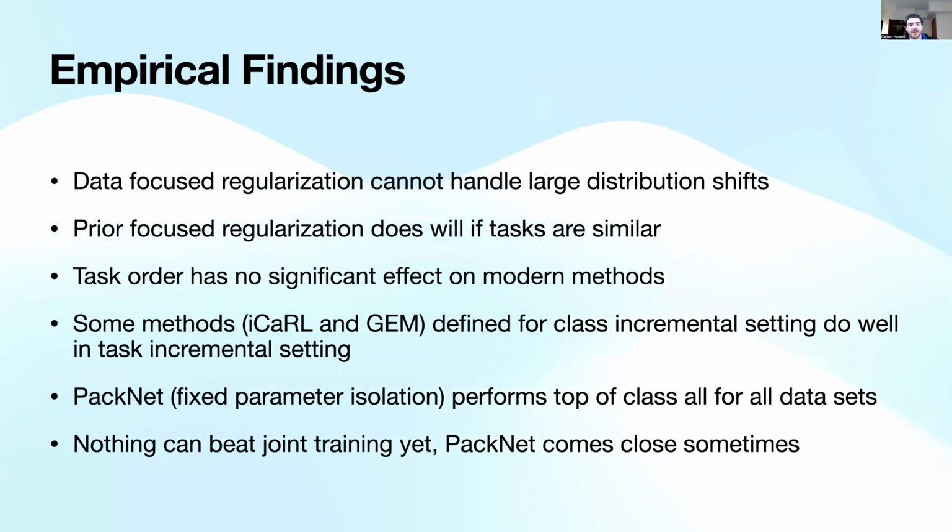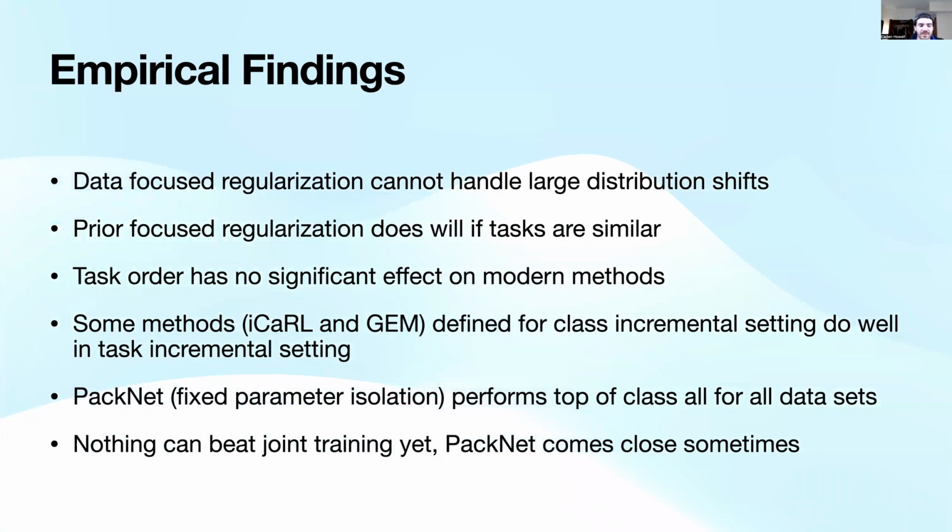The empirical findings, this was all done by a 2022 study pretty much. This is also some of the findings from the FearNet study, but largely one of the most recent and most complete studies that have come out of continual learning came out kind of recently by Delange.